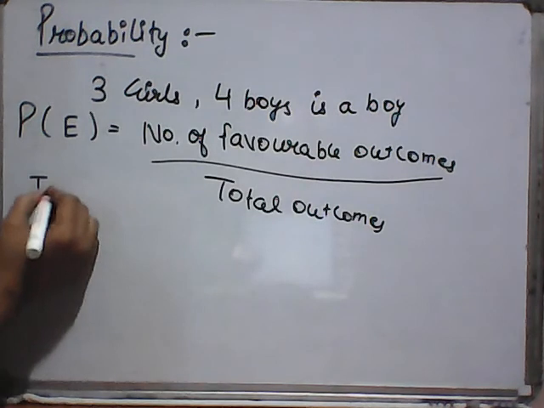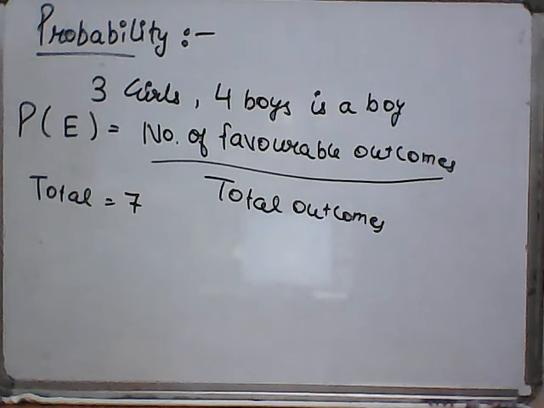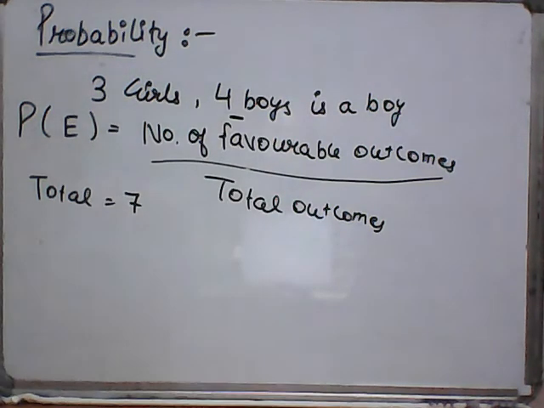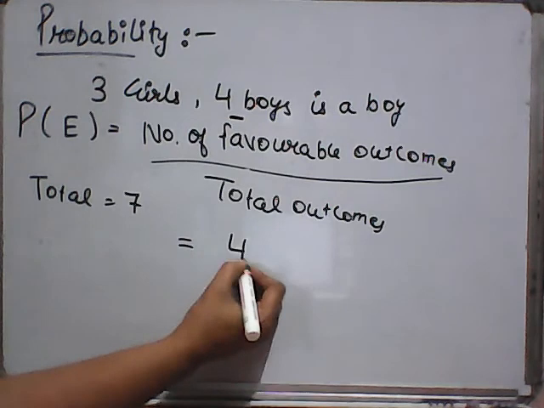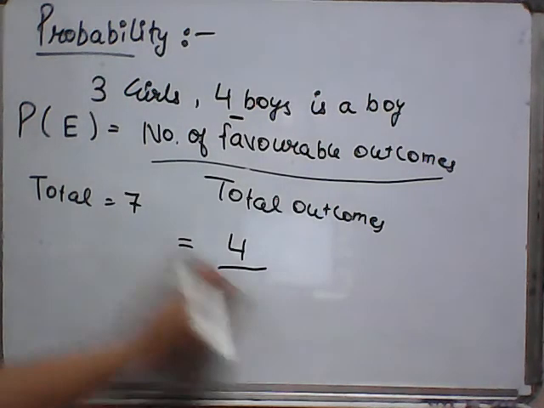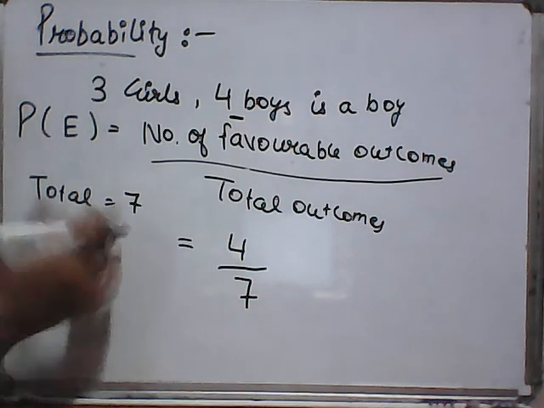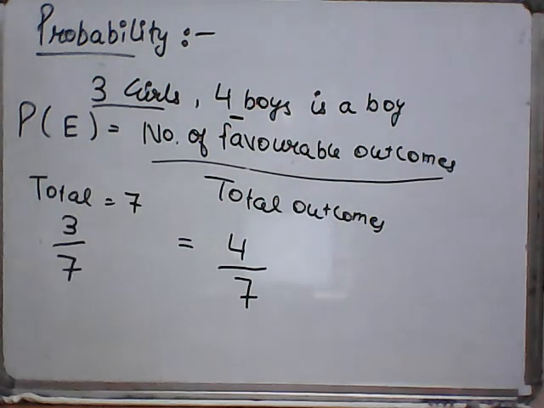So, total outcomes are 7. You have to find the probability of a boy. A boy can be chosen out of 4 boys only. So, number of favorable outcomes is 4, out of total outcomes 7. So, the probability of a boy is 4 by 7. The probability of a girl is 3 by 7, since a girl is chosen out of 3 girls.